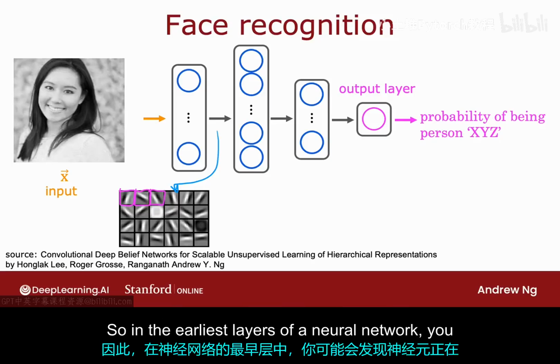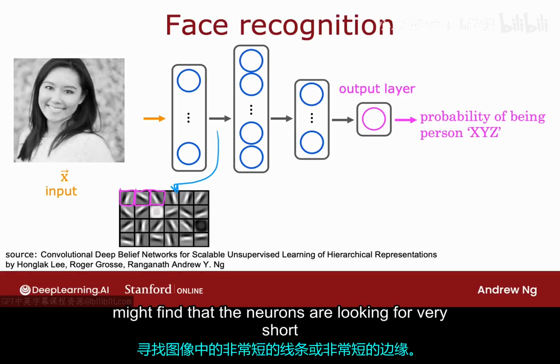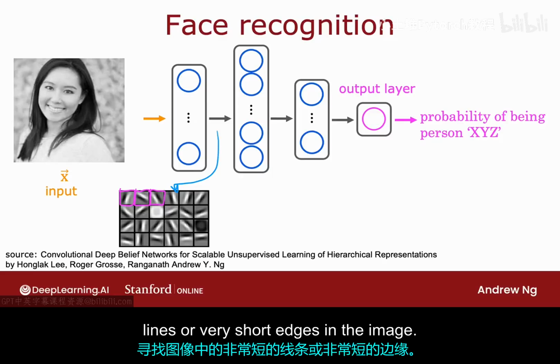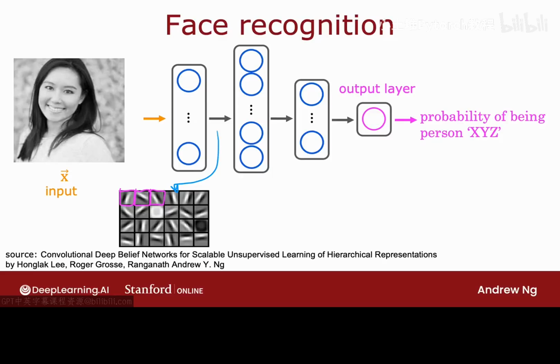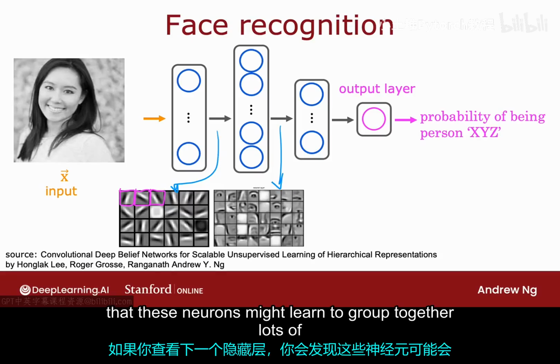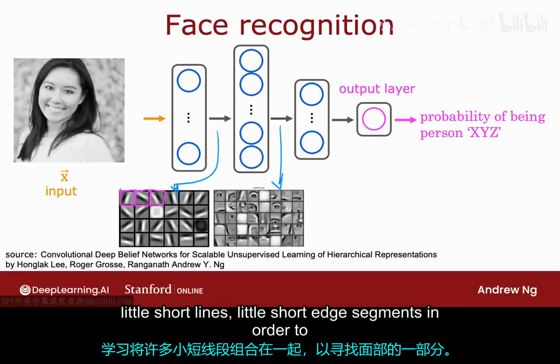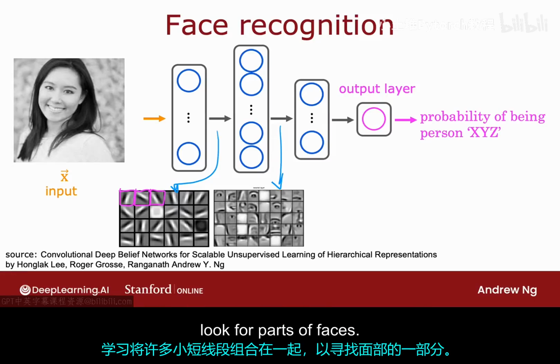So in the earliest layers of a neural network, you might find that the neurons are looking for very short lines or very short edges in the image. If you look at the next hidden layer, you find that these neurons might learn to group together lots of little short lines and little short edge segments in order to look for parts of faces.